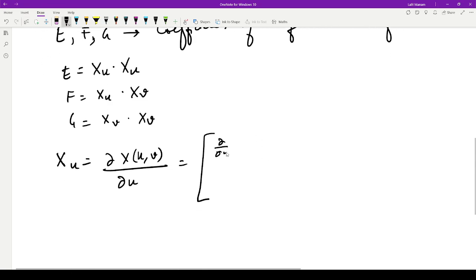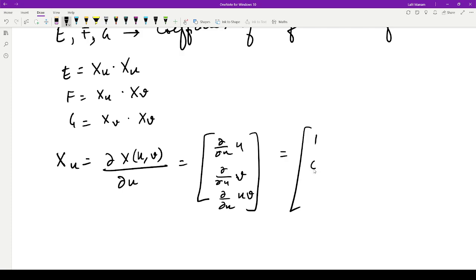So we have del by del u of (u, v, uv). Given this, what's out there? One, zero, and this is v. Right? Yes, sir. And xv is del of x upon del v.